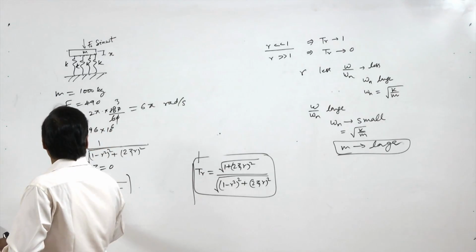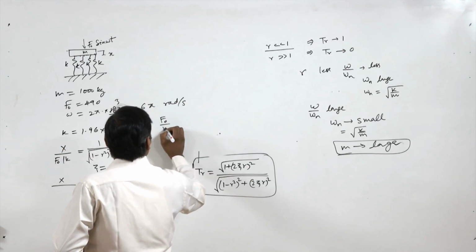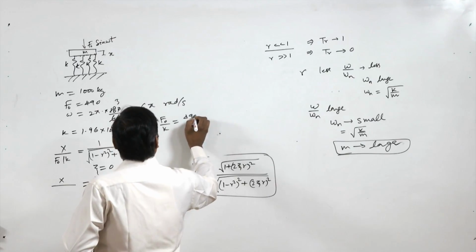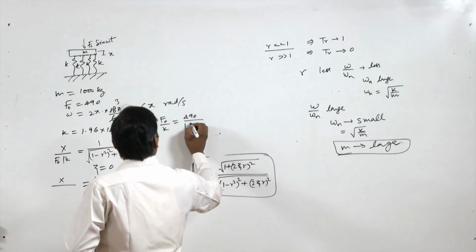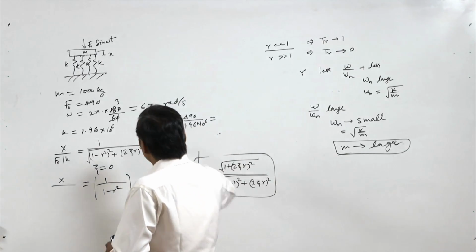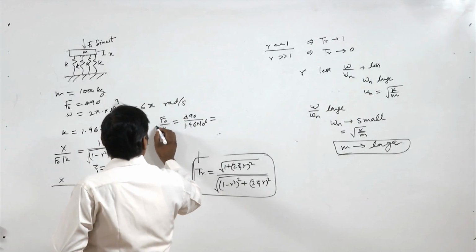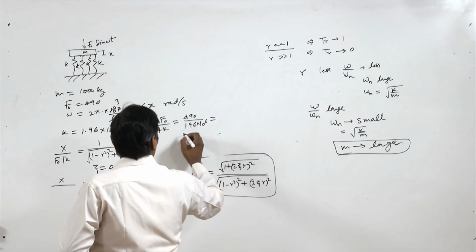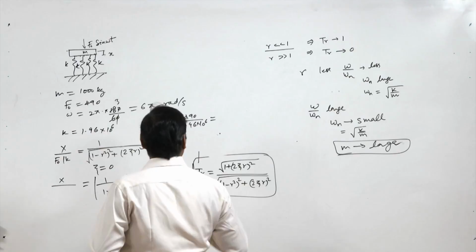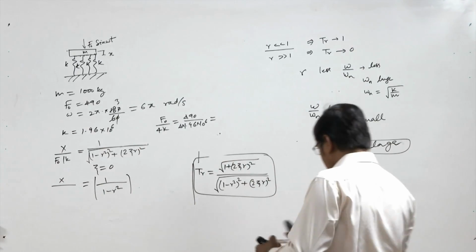So we calculate F0 by k, that is 490 by 1.96 into 10 power 6. But here we have 4 springs, so the total stiffness is 4 times k. So we can compute this.